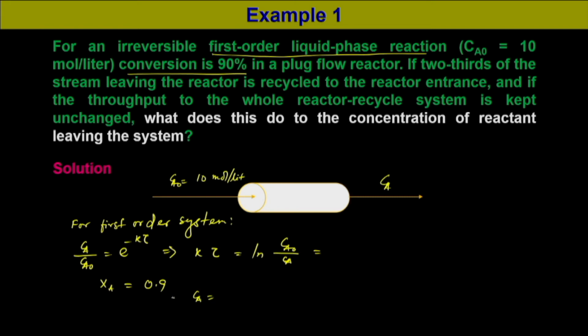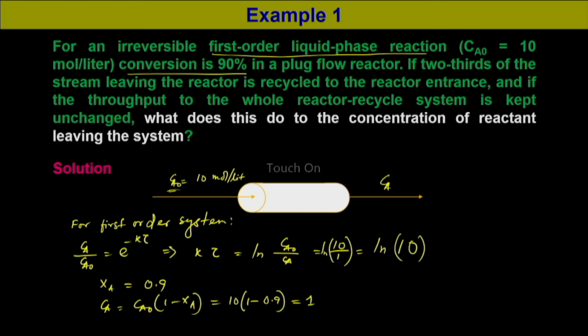CA would be CA0 into (1 minus XA) for 90% conversion, which is 10 into (1 minus 0.9), which is equal to 1. So, k tau would be ln 10 by 1, which is equal to ln 10.